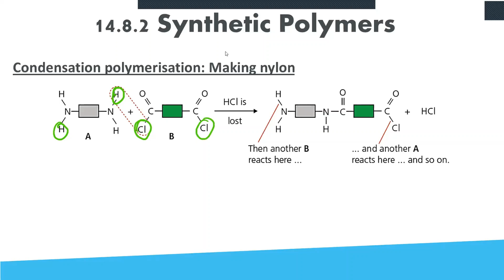In this structure, that removal is not shown since this is only the first step. You can see another A reacts here and so on. They have only shown the first step. But when we draw the structure of the polymer, as you can see, this first hydrogen bond is broken.